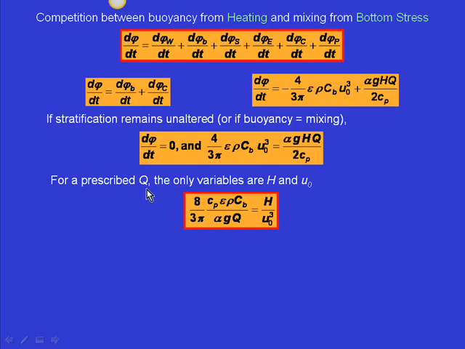So for a prescribed heating rate, the only variables are the depth of the water column and the tidal current amplitude, because alpha is a constant, g is a constant. What's this?